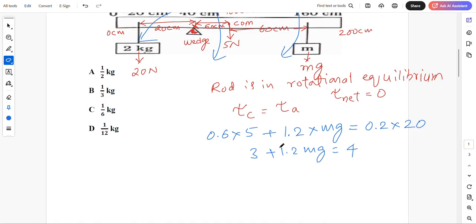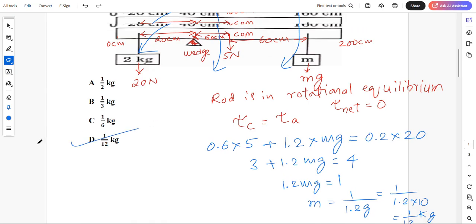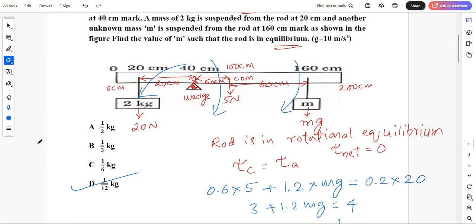So 1.2 mg is equal to 1, m is equal to 1 divided by 1.2 g, that is 1 divided by 1.2 into 10, that is 1 by 12 kg, which is the right answer. Hope you have understood. The value of m is 1 by 12 kg.